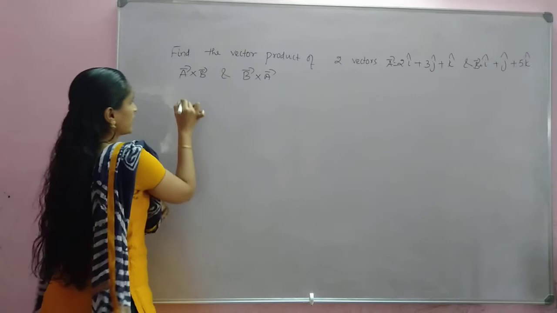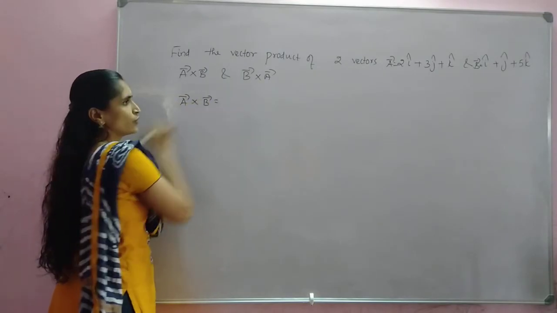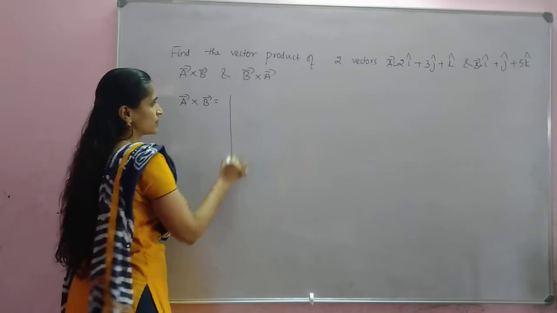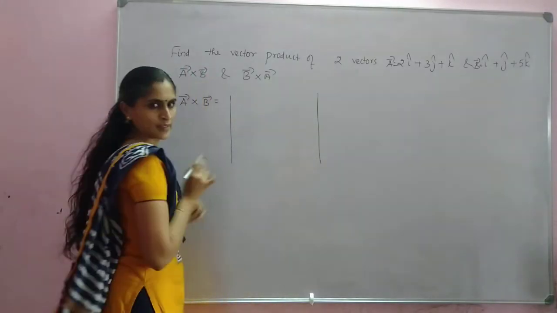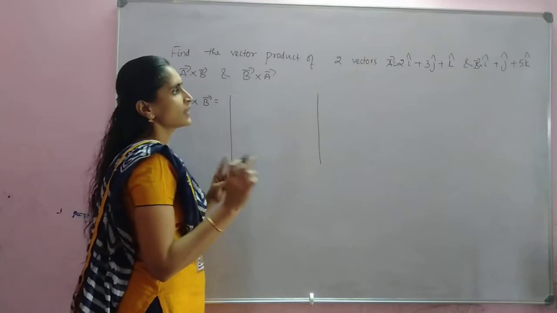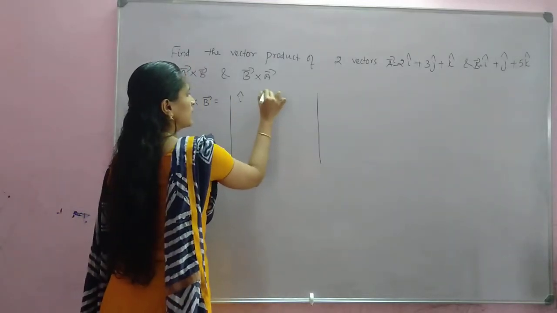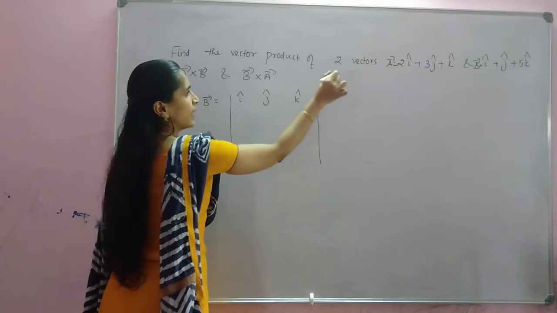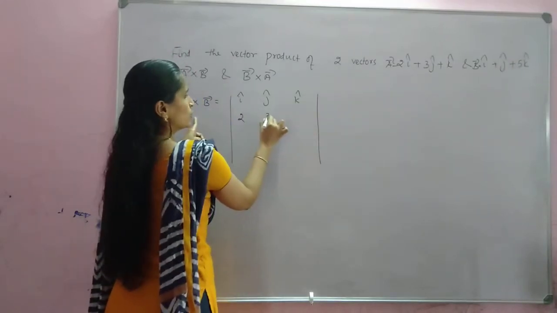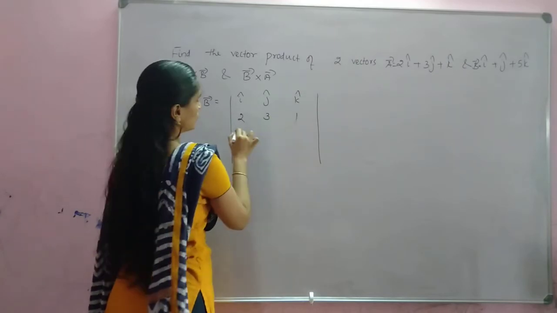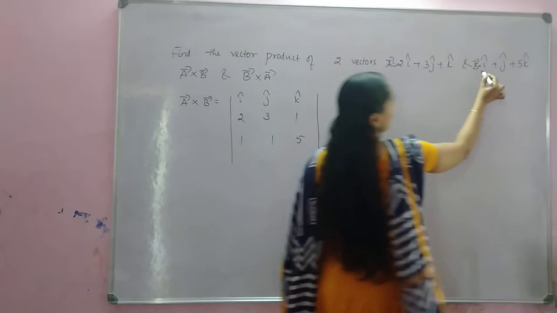First of all, we start with A cross B. To find A cross B, we write a determinant with first row i, j, k, then 2, 3, 1, and then 1, 1, 5.